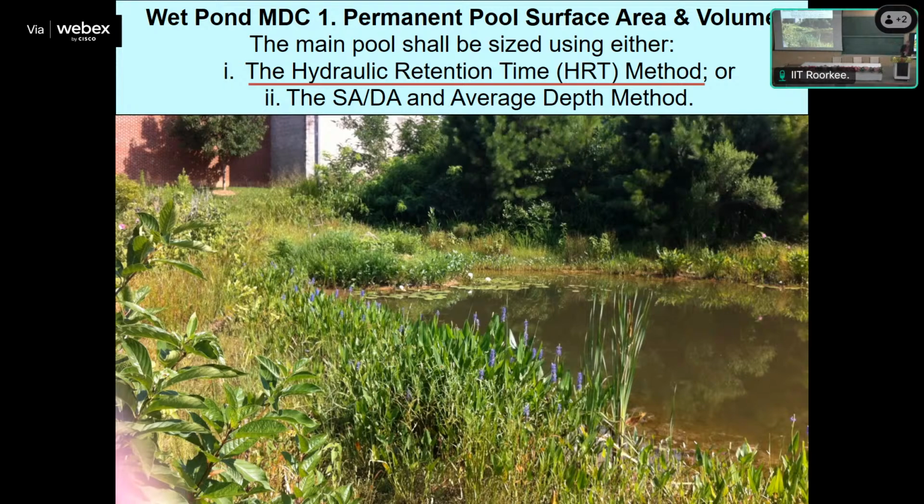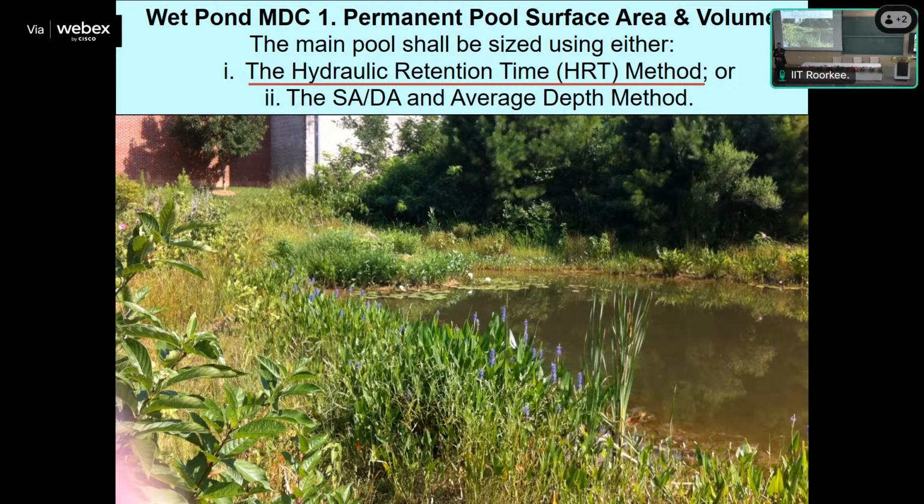Now, how big does a wet pond need to be? We talked about this with sedimentation on Tuesday, but when you're thinking about how big a wet pond needs to be, really it's about how much time do you want that water to be in your pond before it gets flushed out, okay? And that is referred to as the hydraulic retention time.